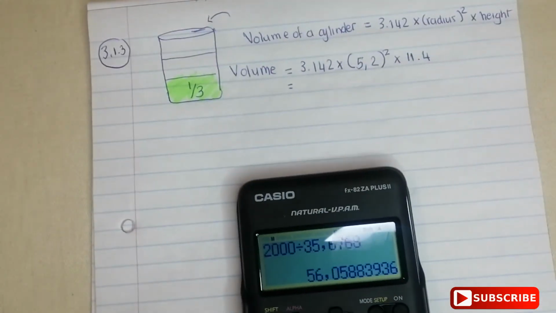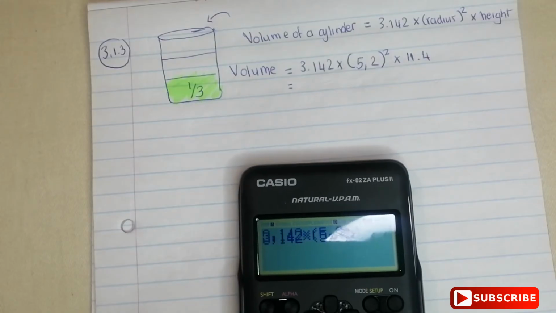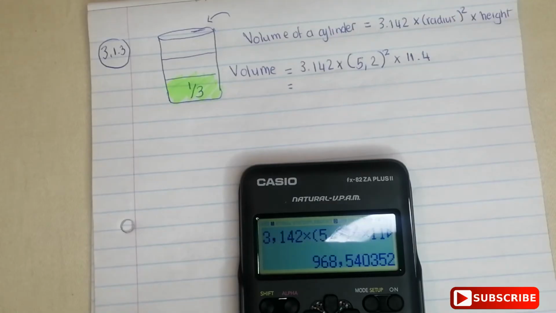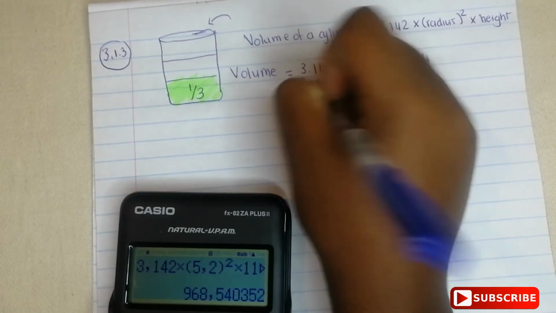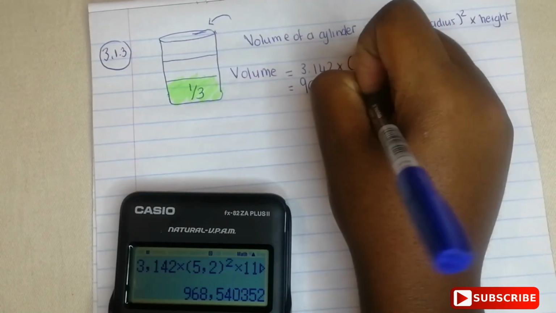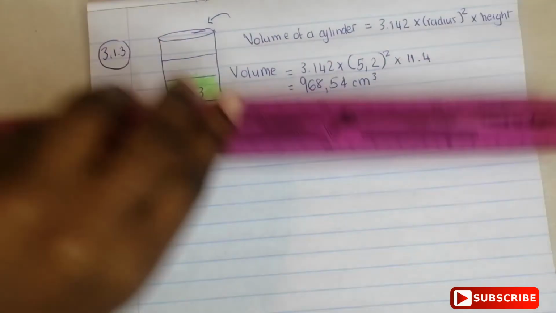Simply punch that into your calculator: 3.142 multiplied by 5.2 squared multiplied by 11.4. You find that the volume is 968.54 centimeters cubed. So this is the volume of our cylinder.